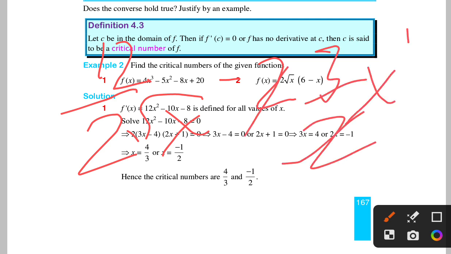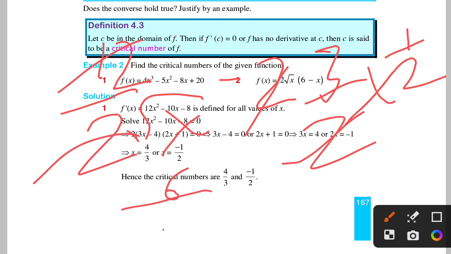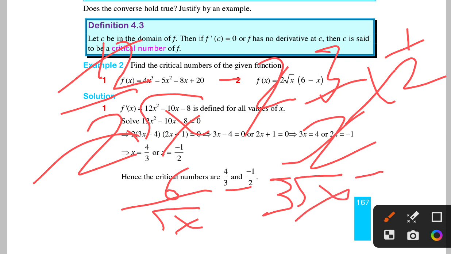Sorry, x times x raised to 1 over 2. Whatever. When we simplify, we get 6 over radical x minus 3 radical x equal to 0.